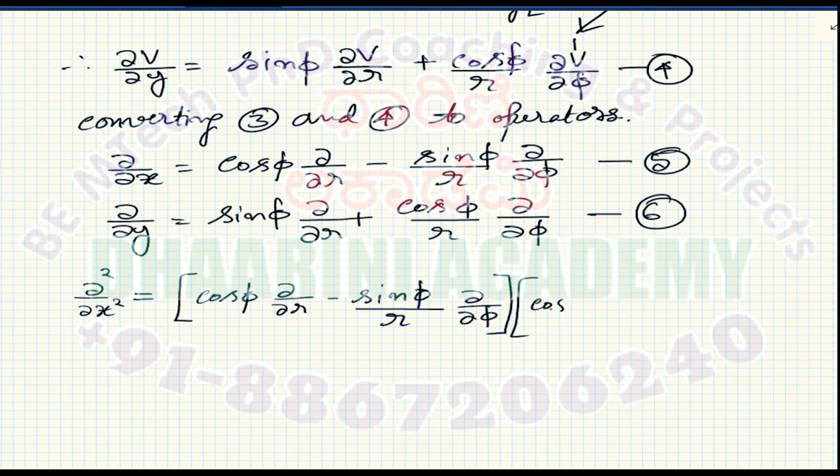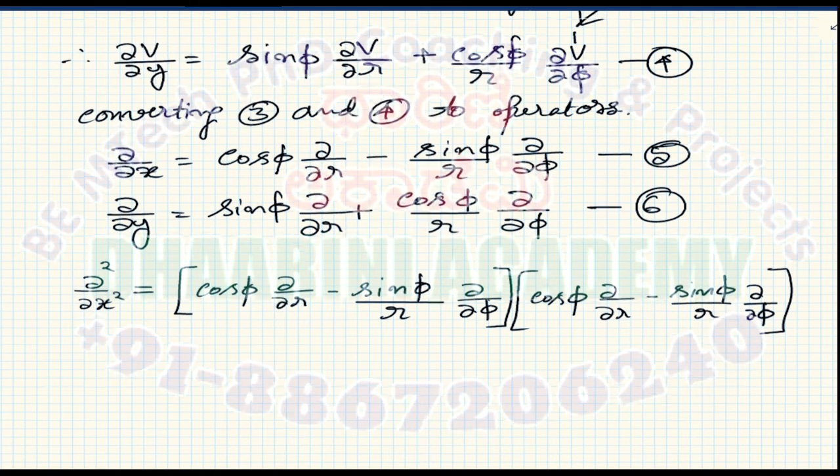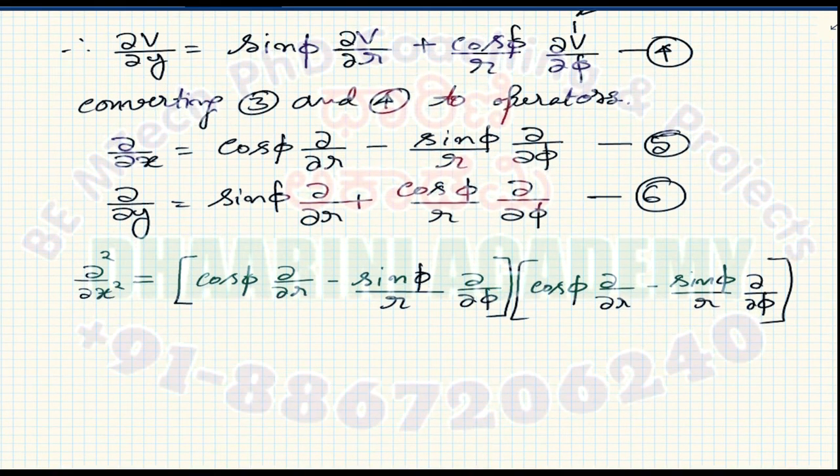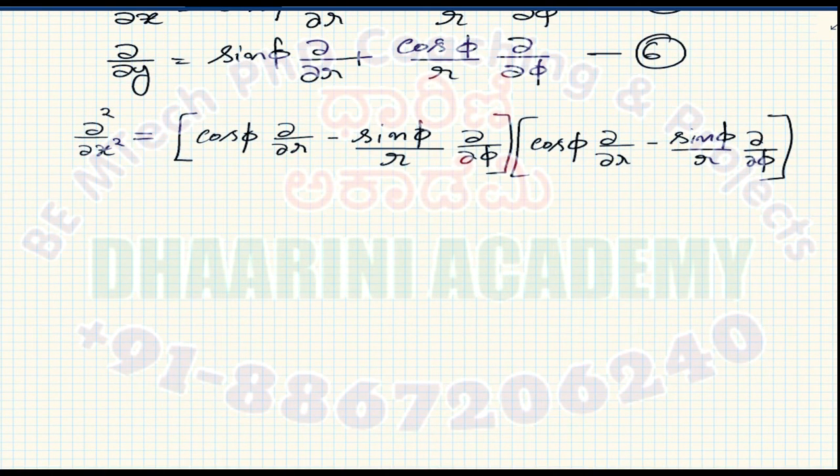So it's cos phi dou by dou r minus sin phi by r into dou by dou phi. Now we just have to be careful when we simplify this, because what we are performing is a multiplication plus an operation.